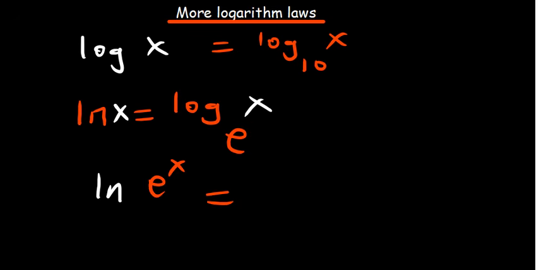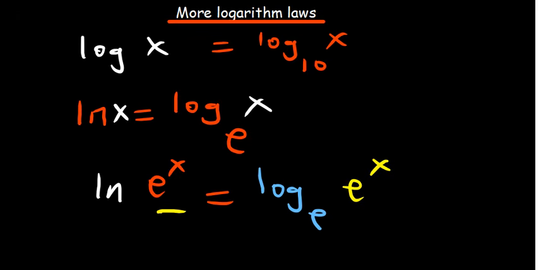How do you go about it? You know that the natural log is basically just going to be a log base e. Then what you have at that point is e to the power x.